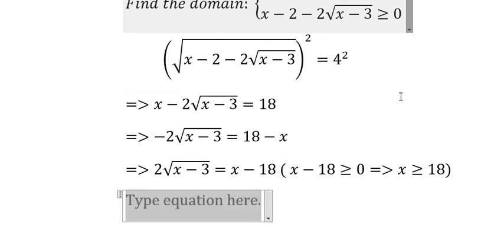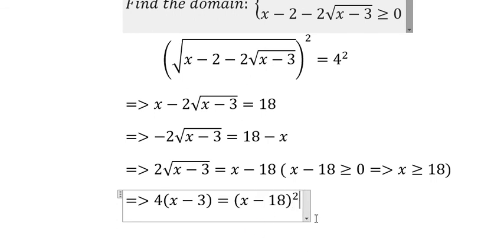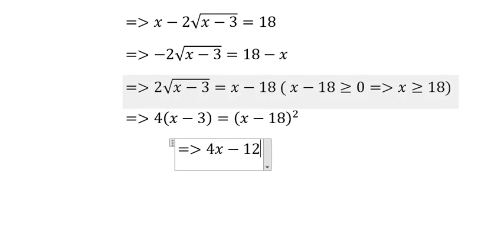Now we can put the square on both sides. We got 4x minus 12 equals x squared minus 36x plus 324.